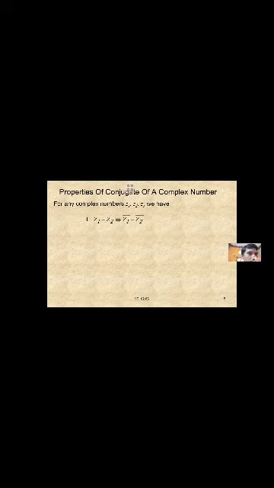Properties of conjugate of a complex number. For any complex numbers z1, z2, z3, we have: first, z1 equals z2 implies z1 bar equals z2 bar. Second, z bar bar, that is double bar, equals z.